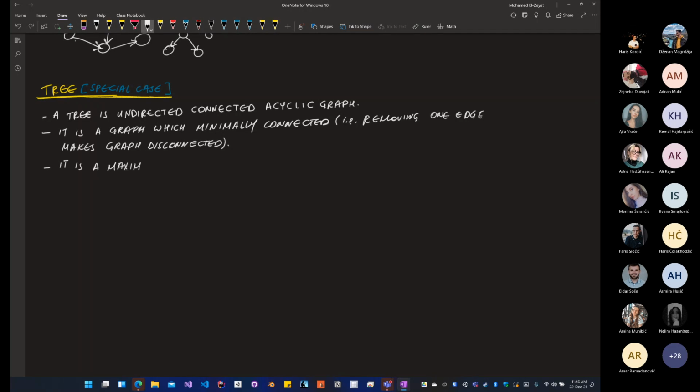It's a maximally connected graph, meaning that if I add an edge to the graph, it will cause a cycle, which again will violate the definition.